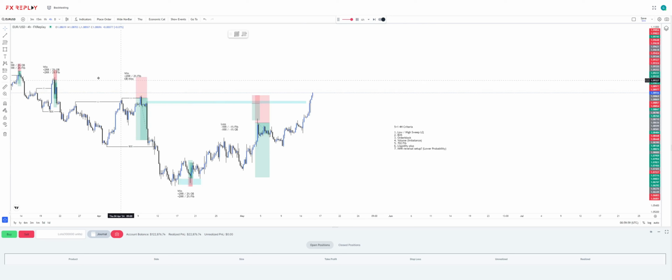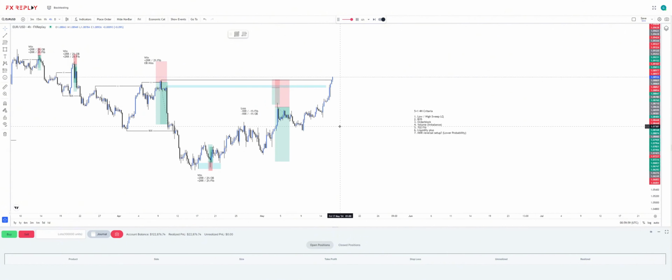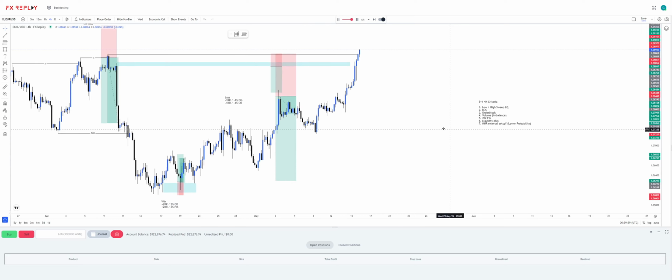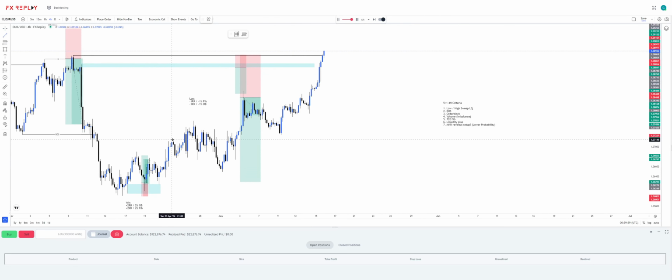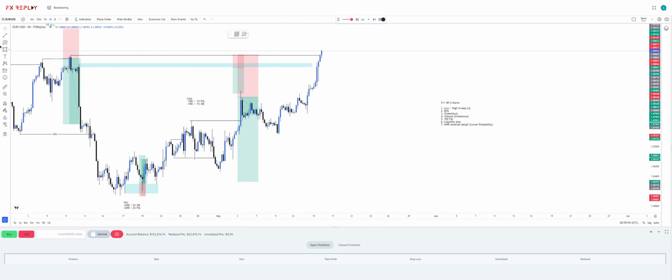Okay, so now we've had this swing break of structure to the upside, but we can work with our internal and identify our strong protected lows. So what we want to see is just a sweep of the low and a break of the high. So here we had a strong low that then swept, and then a break of structure to the upside. So most recently, internally, this is our current setup.